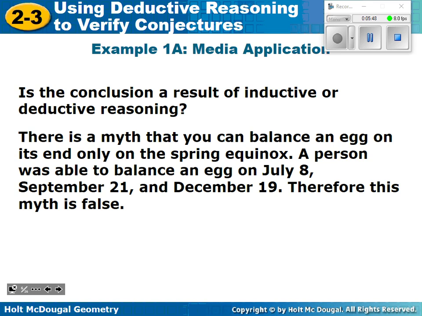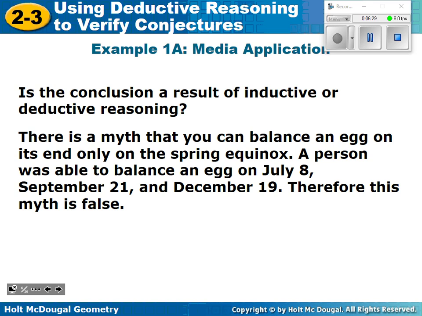Deductive is facts, inductive is patterns. Inductive is based on a pattern.